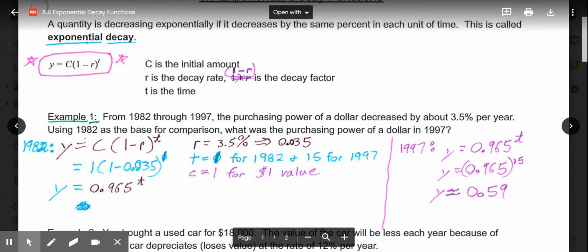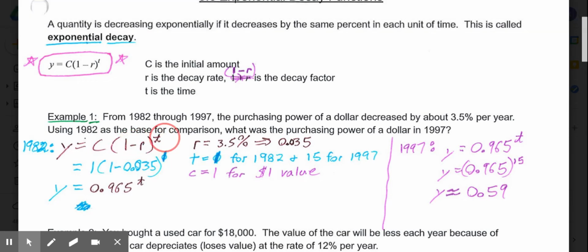First, let's think about 1982 and coming up with our base equation or model. Again, our setup is y equals c, then in parentheses 1 minus r, to the t power. In this case, we want to think about the purchasing power of a single dollar. So our initial amount c is just 1 for the $1 value.